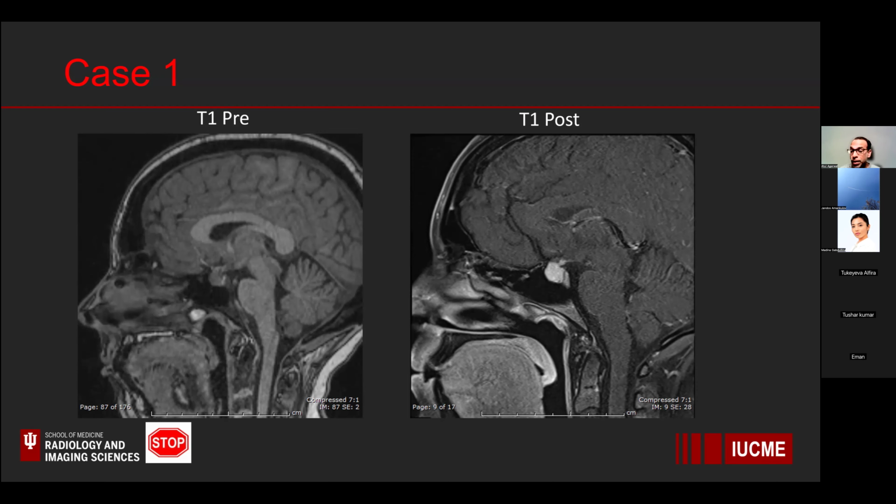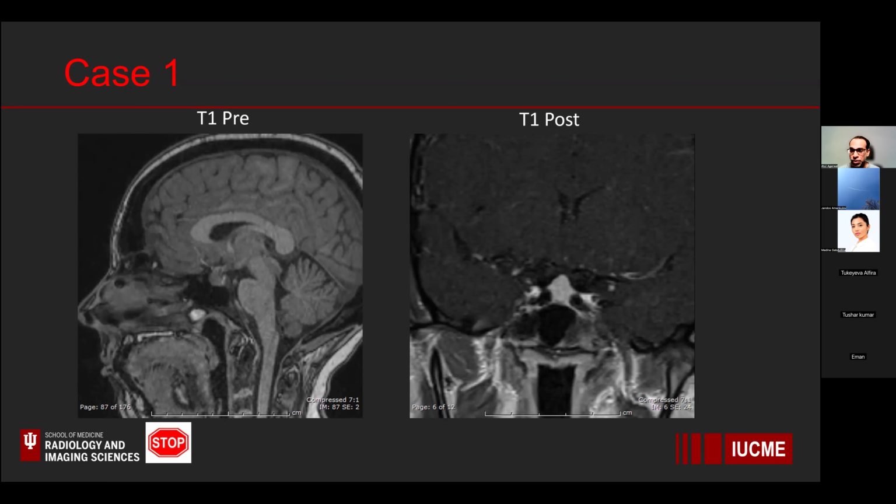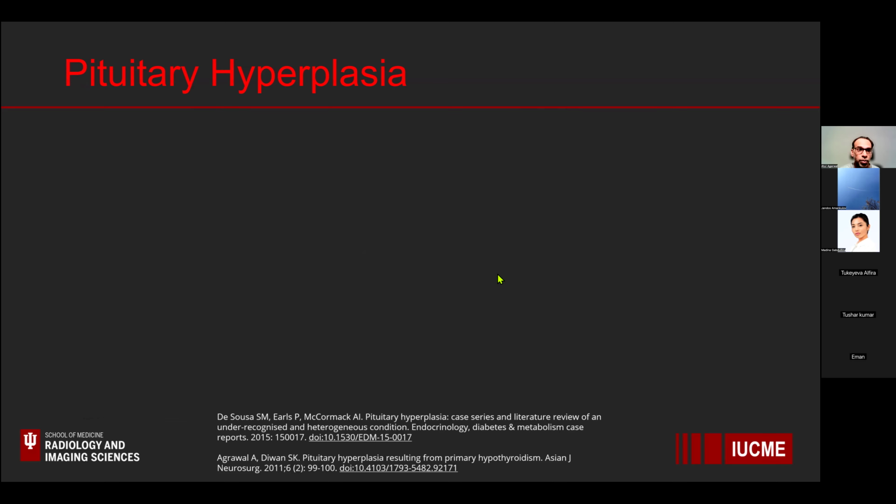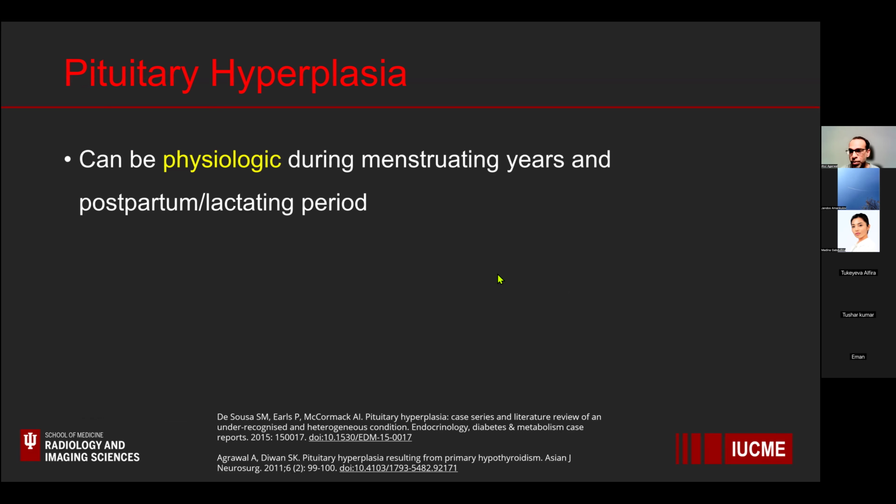Looks mass-like, but it doesn't have any very heterogeneous features. So at this point, we can start thinking of masses, but it's also important to keep in mind the last slide I shared with you as far as the hormonal changes. So here's just a coronal T1, and you can see this dome-like elevation of the superior part of the gland. So this is nothing other than pituitary hyperplasia. As I mentioned before, this can be physiologic during the menstruating years and postpartum and lactation period.